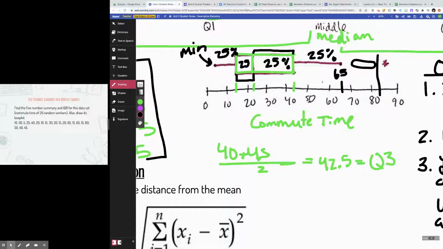So it's like short and almost like long, right? So a box plot like this one is skewed to the right because the upper half of the data takes up more space, like physical space on the number line and in the box plot, than the lower half of the data does, right?